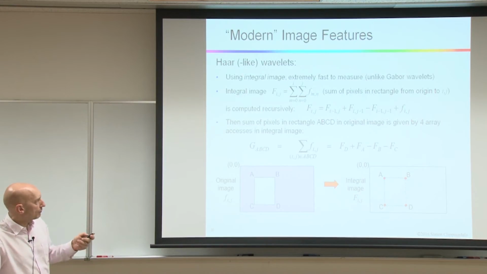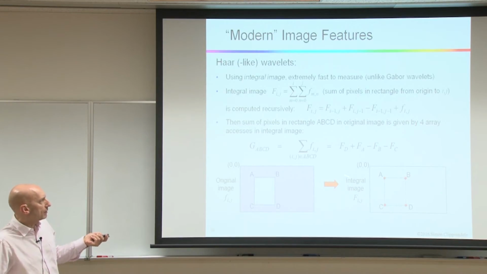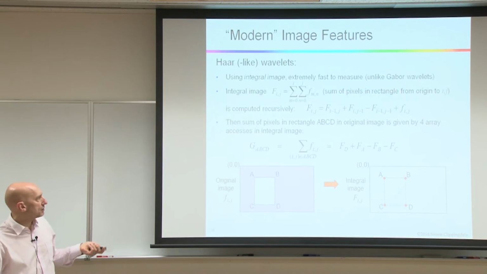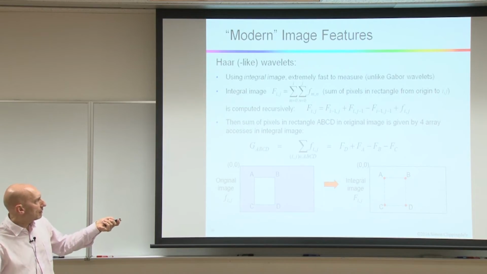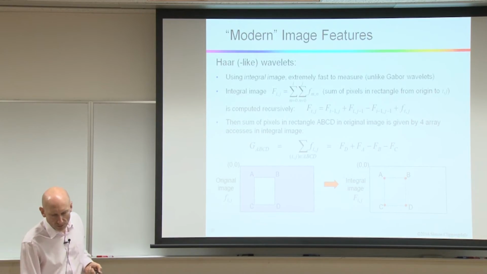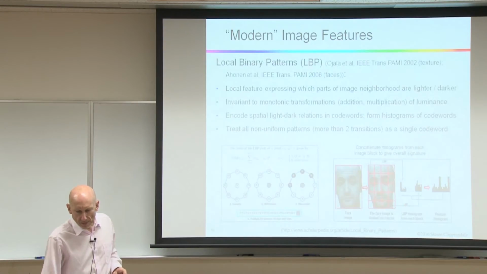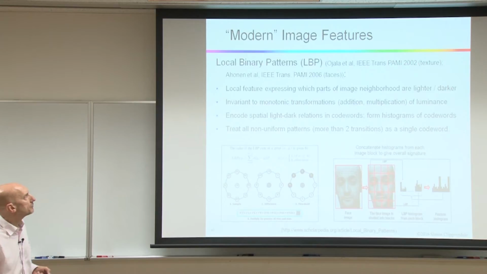And the point of computing that is that from any 4 points in that integral image, you can get the average brightness of the pixels in that rectangle very, very fast. All you need is 4 array accesses at the corners once you've computed this integral image. So that's very quick, and that's why these face detectors work much faster than traditional face detectors did.